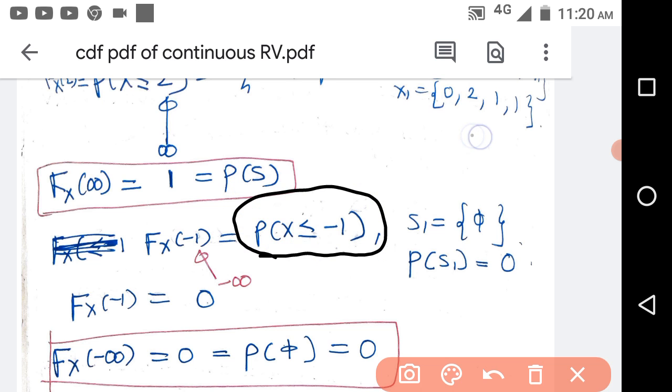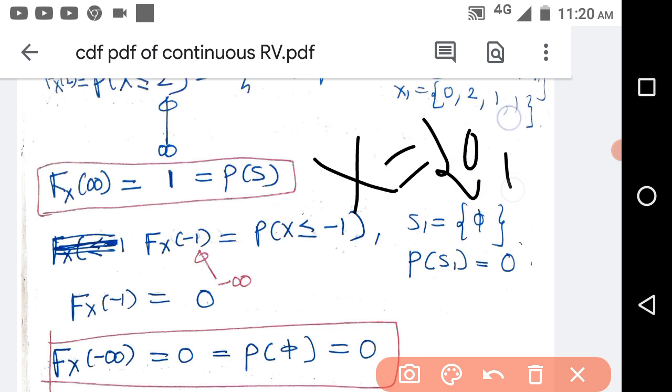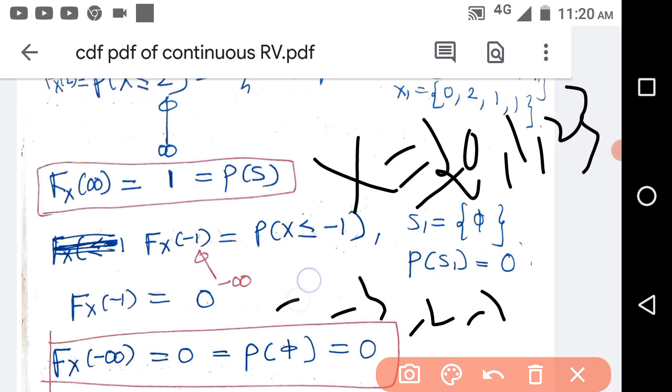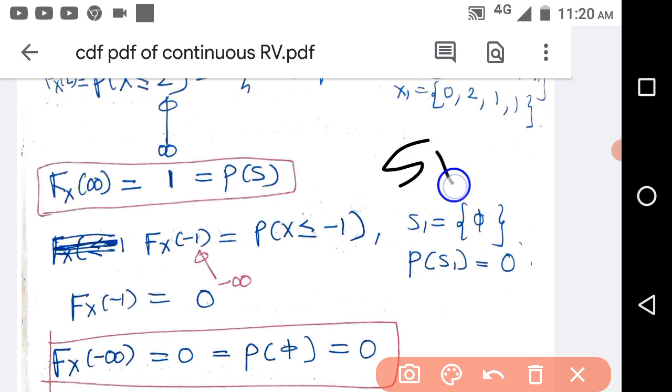In the random variable you have the values 0, 1, 2, but there is no value less than or equal to minus 1. That means there is no minus 2, minus 3, minus 4. So the subset is the null space, and its probability is equal to 0.